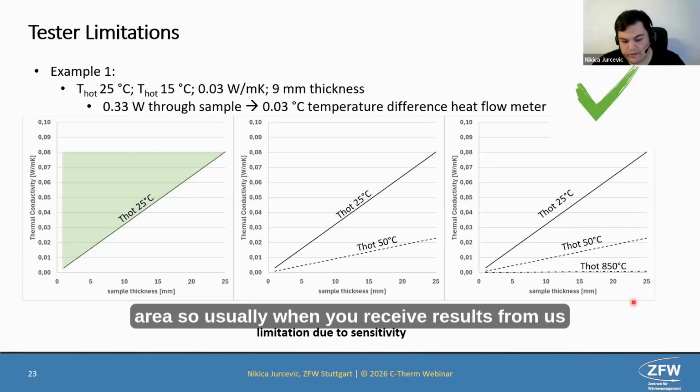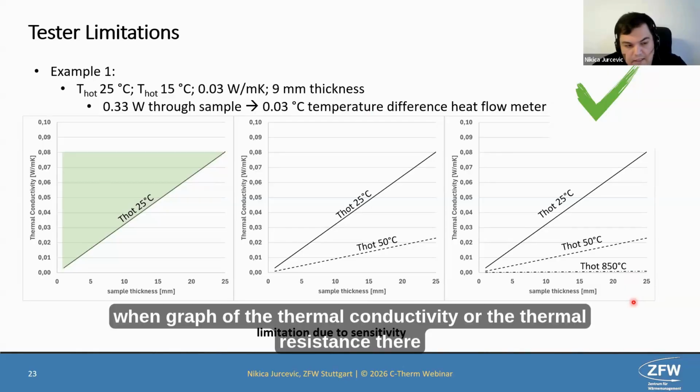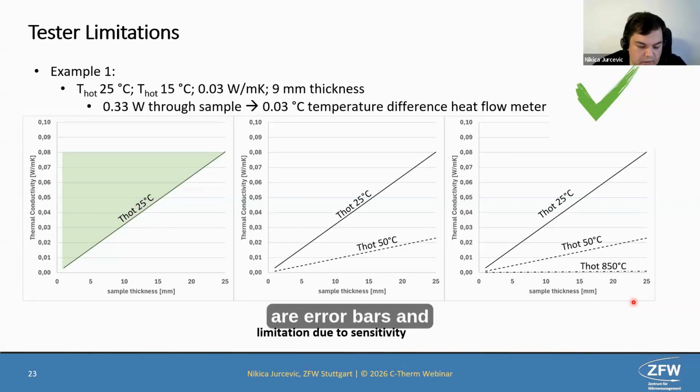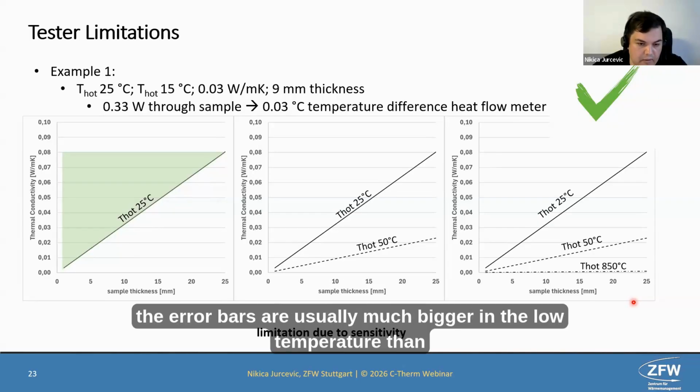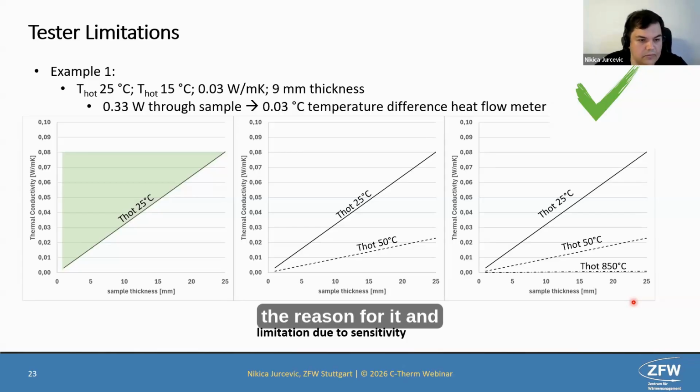So usually when you receive results from us, in the result graph of the thermal conductivity or the thermal resistance, there are error bars, and the error bars are usually much bigger at low temperature than at high temperature, which is probably not intuitive, but that's the reason for it.